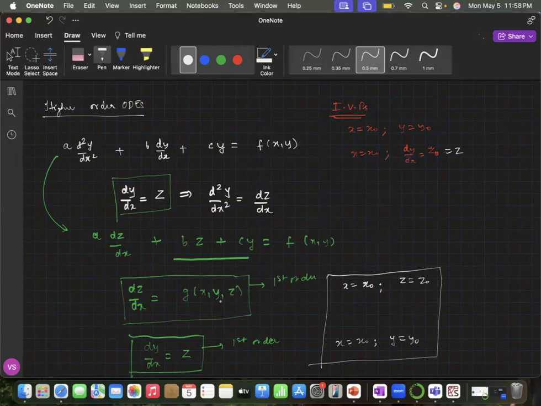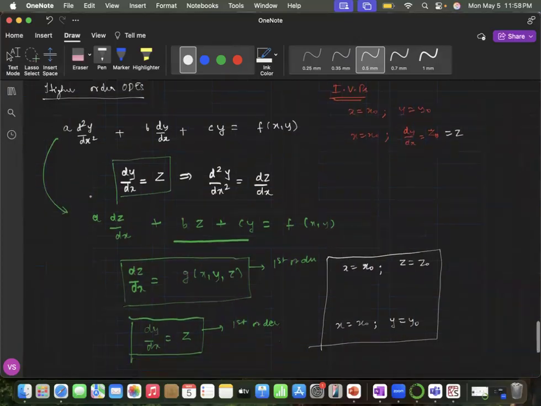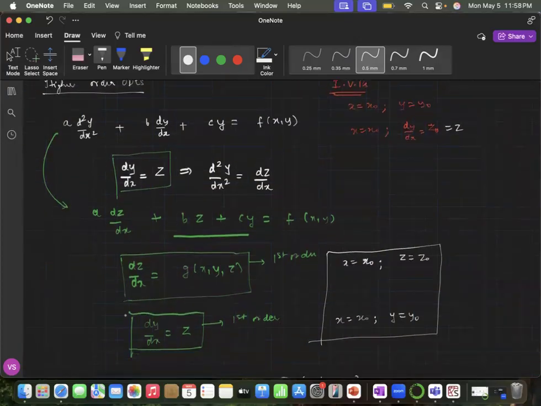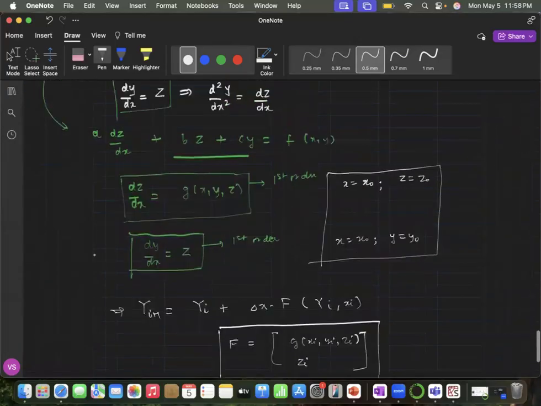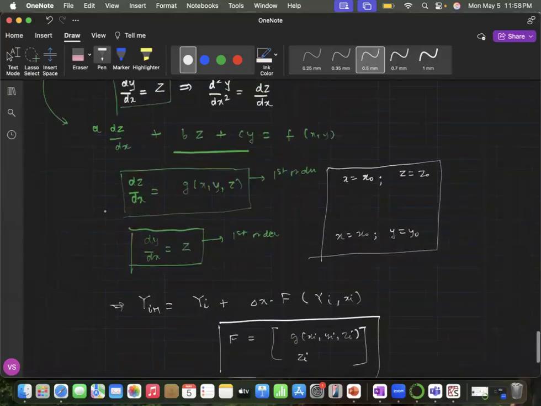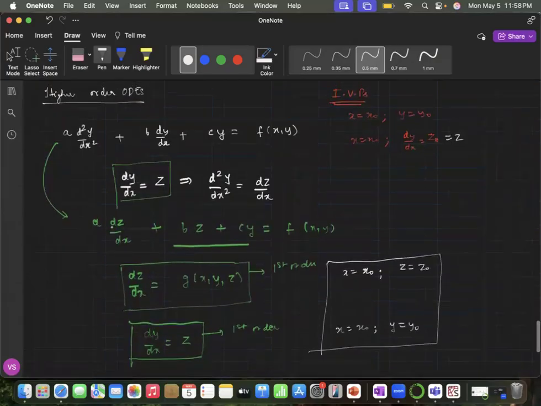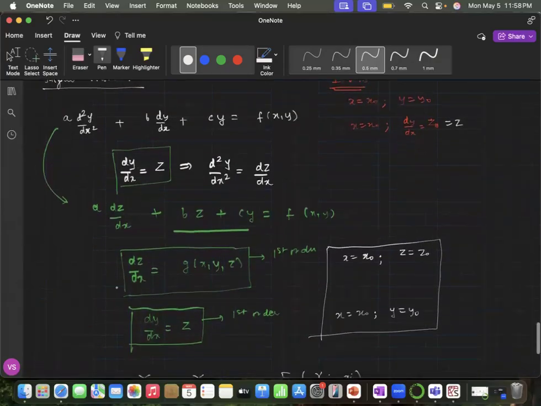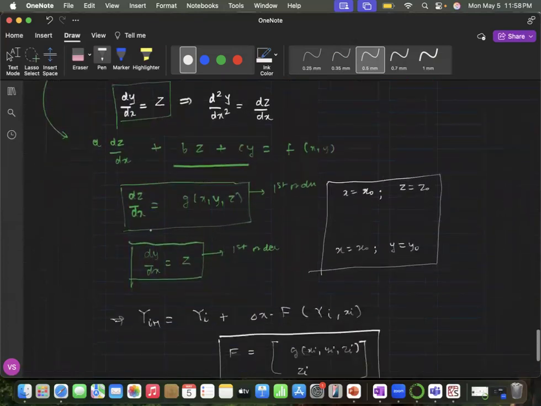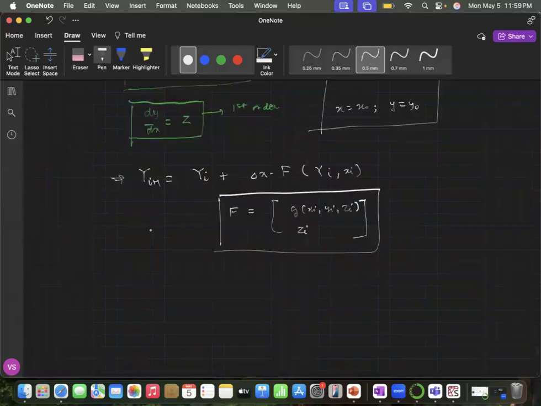And then that again becomes a simple system of three first order ODEs, and that once again can be solved. So any higher order ODE can be solved using this simple substitution, which actually makes it very, very easy.